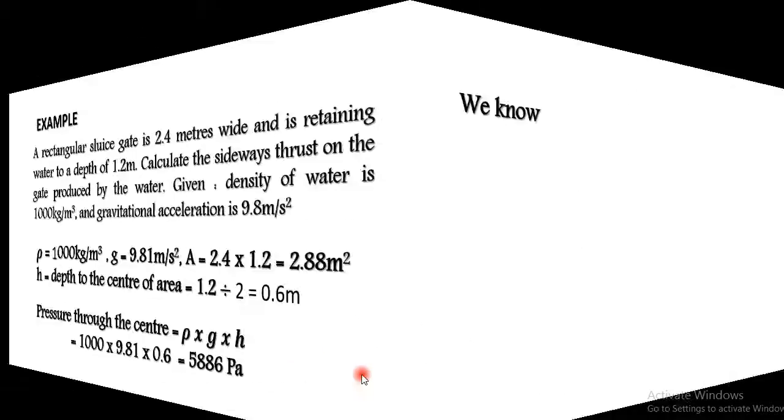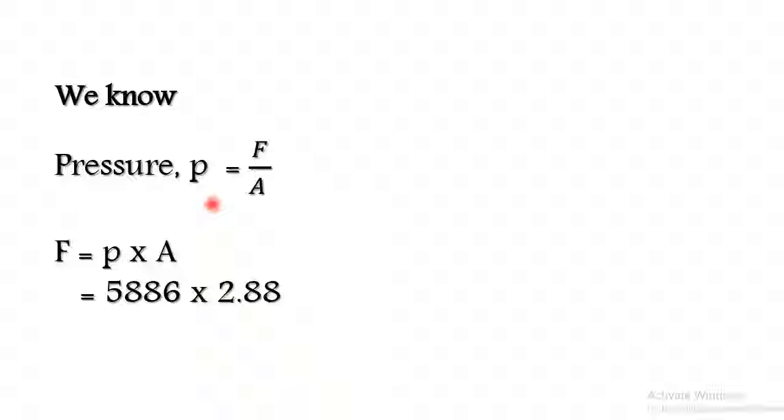Now if we move on, because we have been asked to determine the sideways force on the gate, we use this formula: pressure is equal to F over A. We make F the subject of the formula, so F is equal to pressure times area.